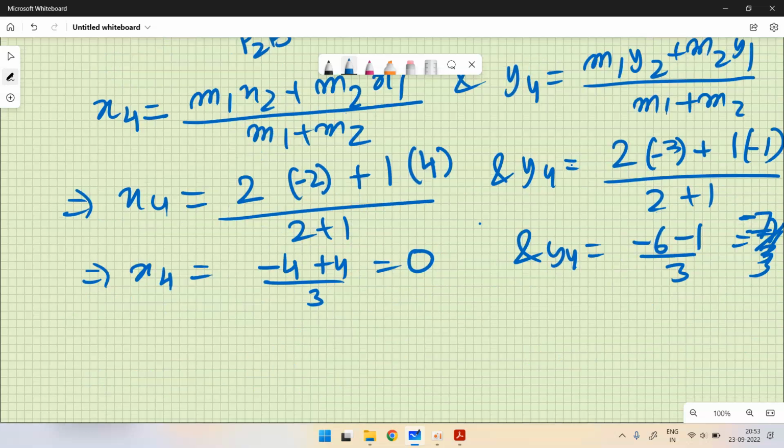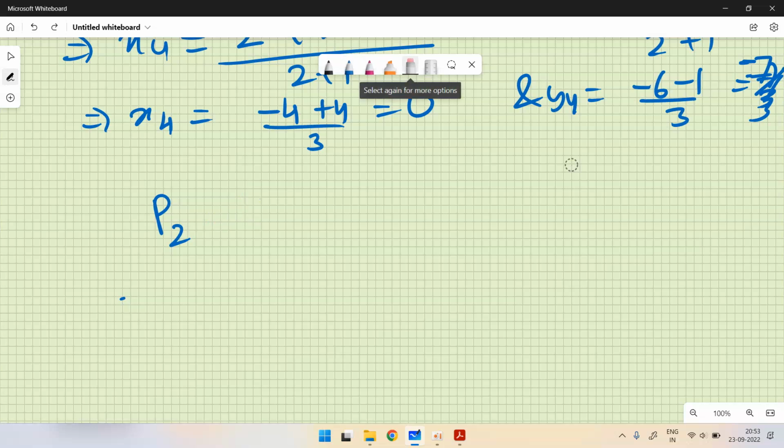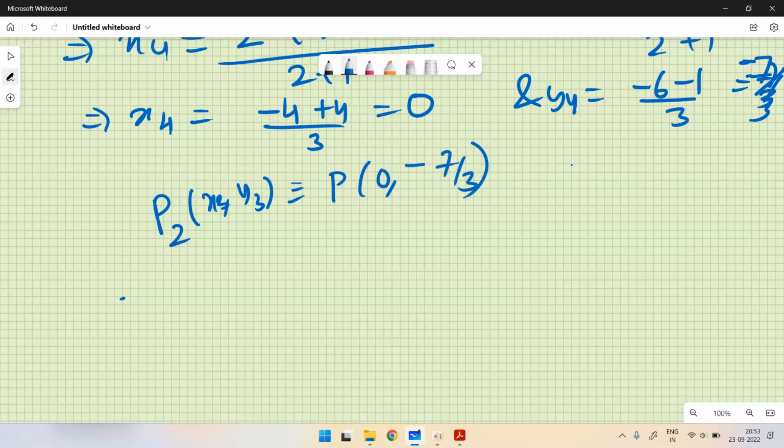So if I write the coordinates of point P2, it is 0 comma minus 7 by 3. So there are 2 points.